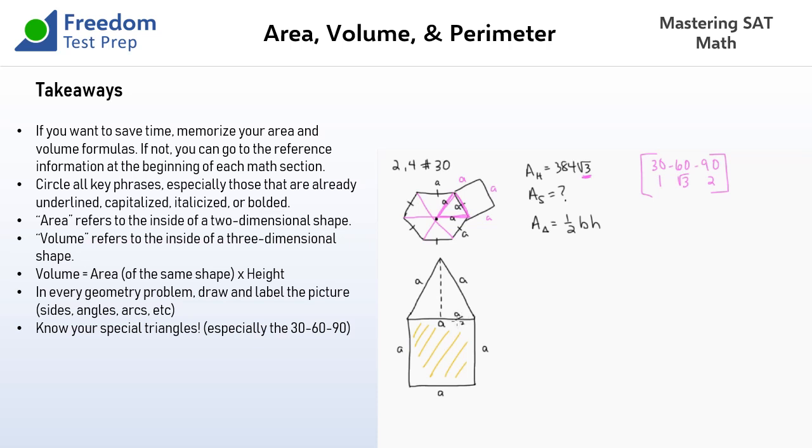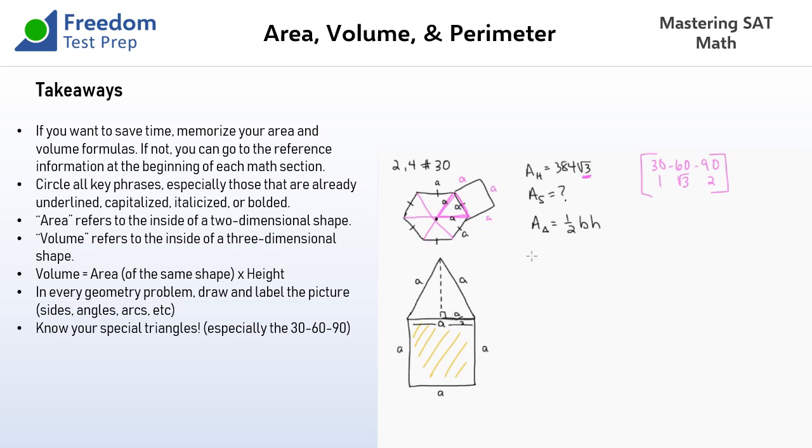Does that make sense? Well, let me make this really clear. This whole thing, the whole big base is A. We just split it in half by dropping the height line. So this from here to here is A over 2. So now we have our 30, 60, 90 triangle. How do you know that?